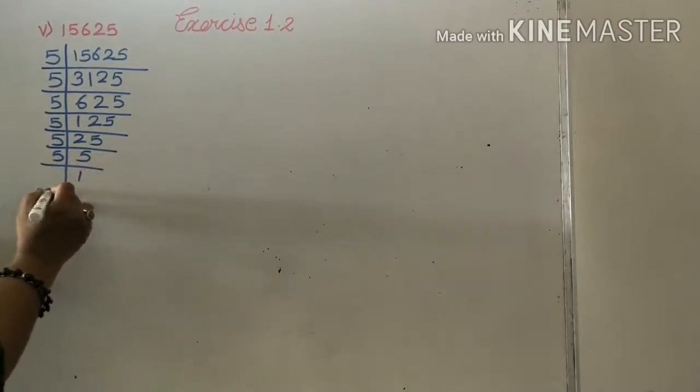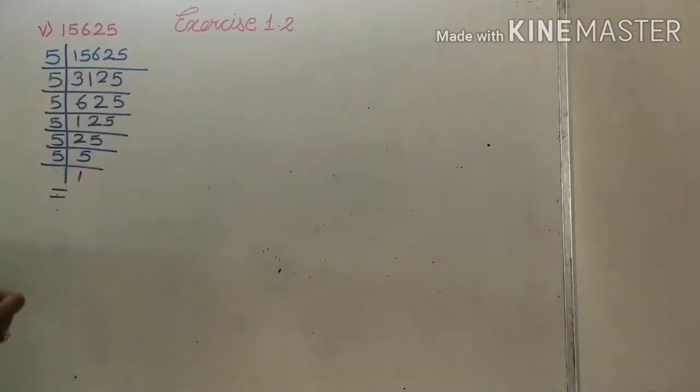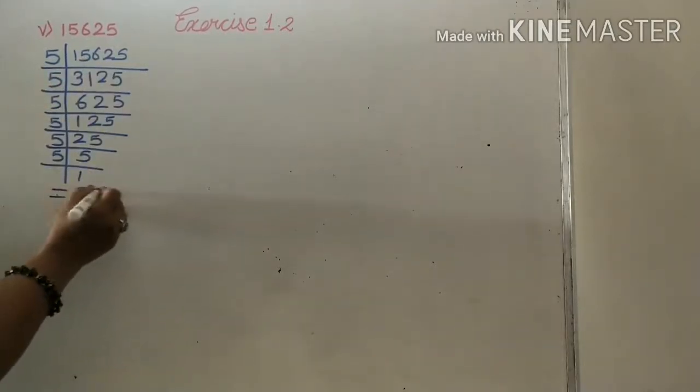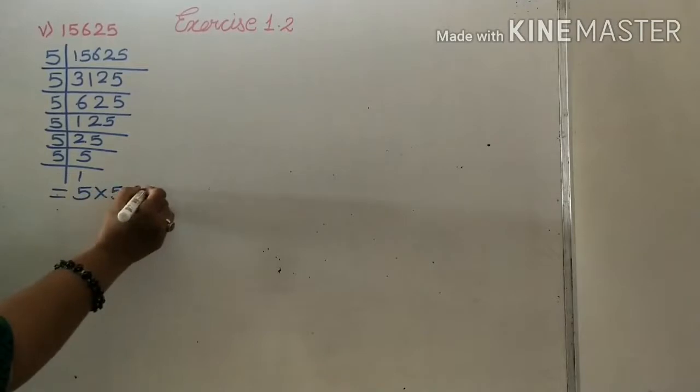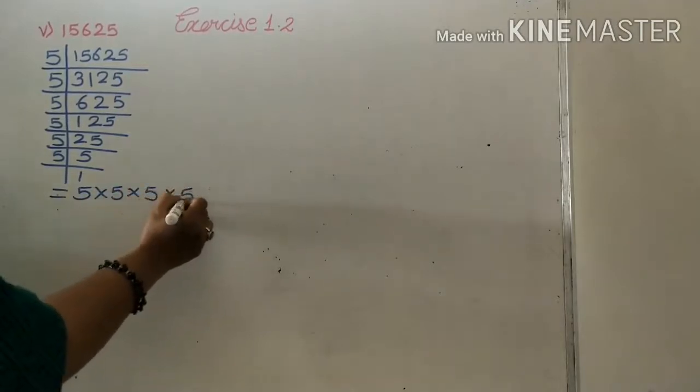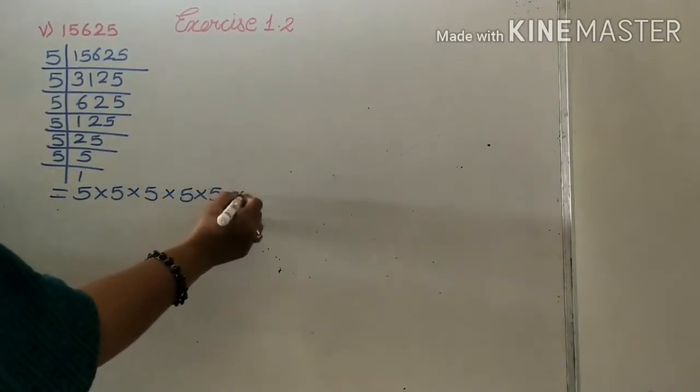So these are the factors of 15,625: 5 into 5 into 5.